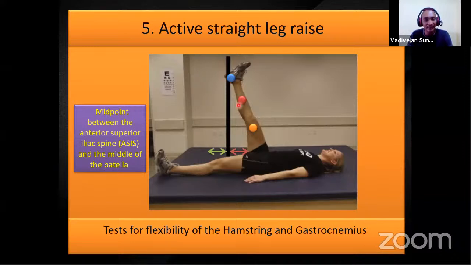If the rod lies between your ankle and knee, it is 2. If it is only rising to 45 degrees and the line lies between your knee and hip, it is 1. So this tests the flexibility of your hamstring and gastrocnemius.